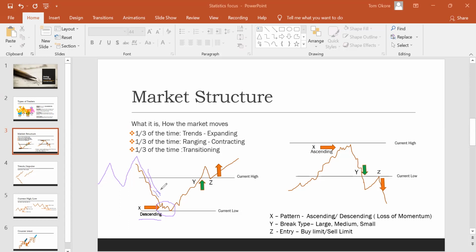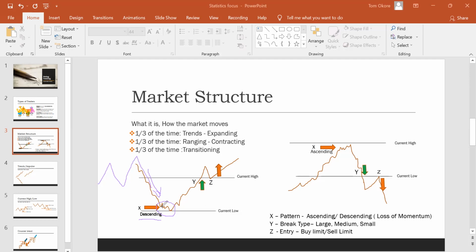So it's a descending pattern, but when it reaches its low point, it turns around. The fact that we have this descending pattern is a signal that the market would actually be turning around. You will learn more about this in the next classes that are coming.